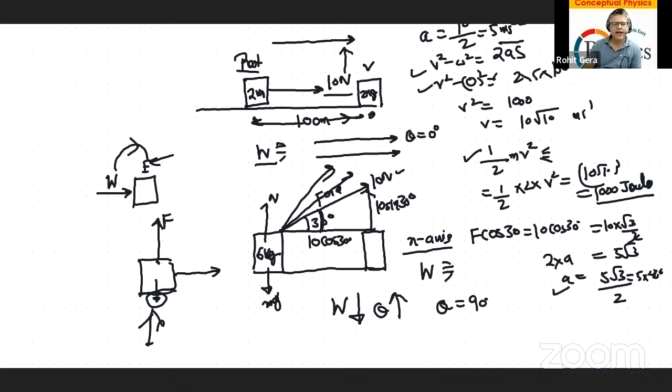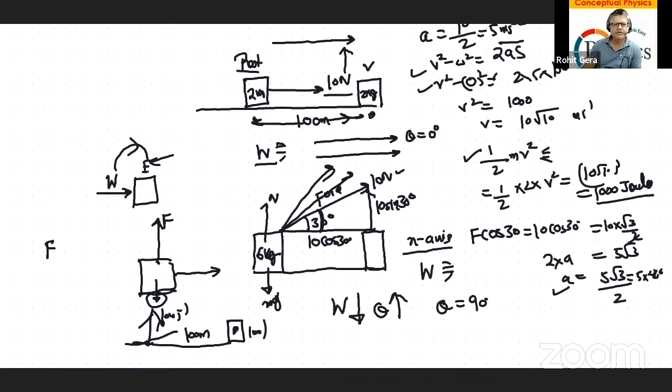You move through a distance of 100 meters and you get very tired and you say, I have done so much work. But as per physics, if you were moving at 10 meters per second continuously and you're still at 10 meters per second, carrying this on your head, you feel very tired.